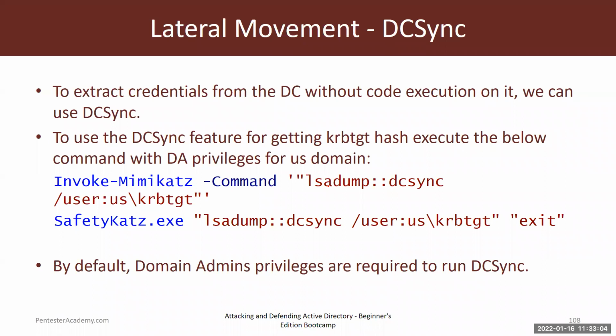Finally, one more technique that we can take a look at when talking about lateral movement is DCSync. By default, only domain admins and other high privileged groups have the permissions. But if you have enough permissions, you can actually request credentials for any user from the domain controller without having to run code on it.